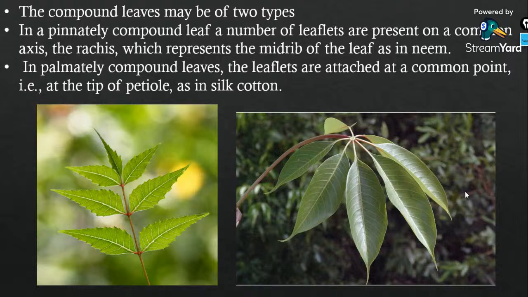So guys, tell me, what do you mean by venation? Everybody just tell me. I'll give you 10 to 20 seconds to answer. Arrangement of veins and veinlets in the lamina, the leaf blade.